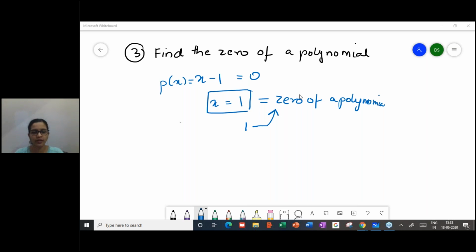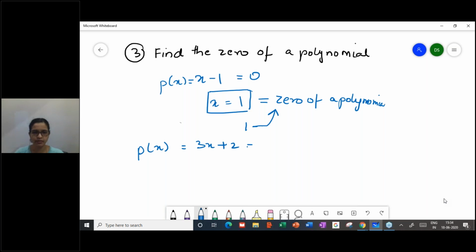You can refer to the recording later, but make sure you have this somewhere so that when you're studying, for a quick recap, you can just look at these things. You don't have to keep hunting for definitions. We don't use minus 1 always. Suppose your polynomial is 3x plus 2.